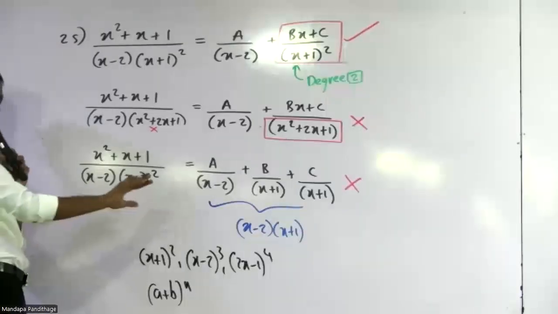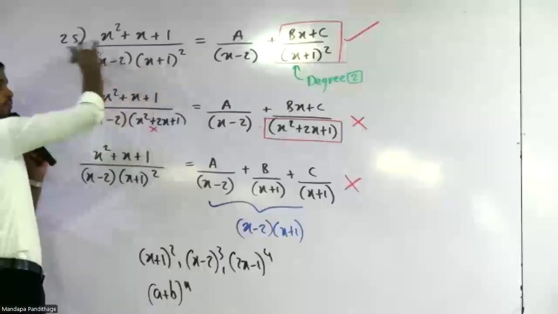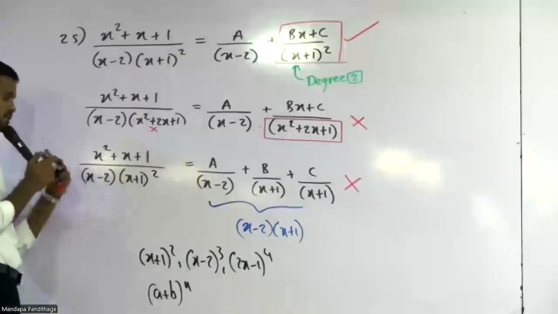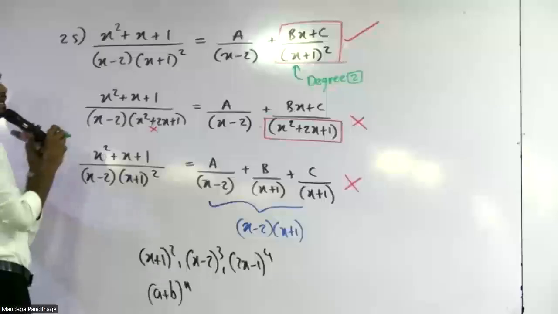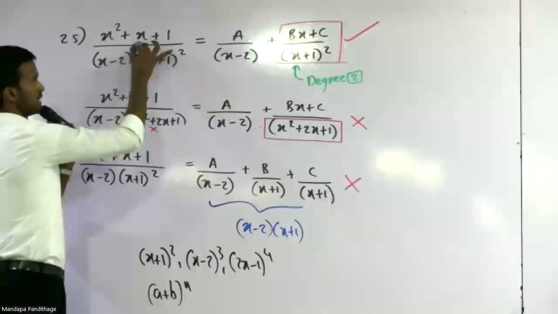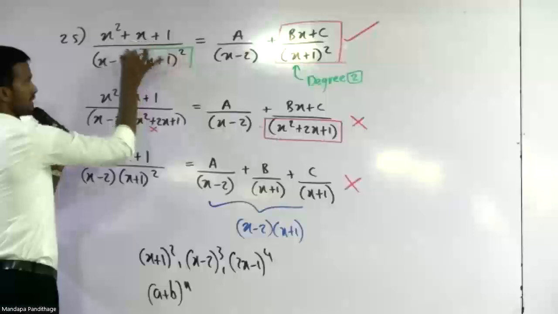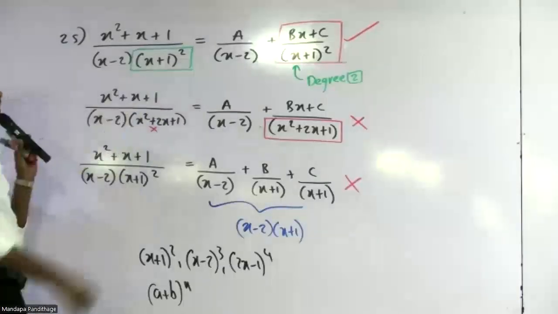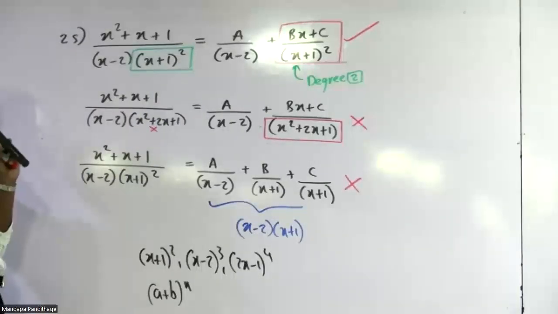So here we have to discuss separately, when the denominator consists of a recurring factor, how we are going to decompose it, how we are going to split this into partial fractions.